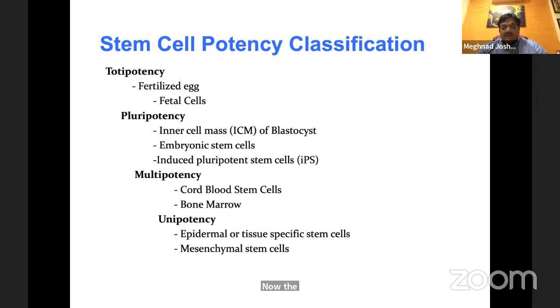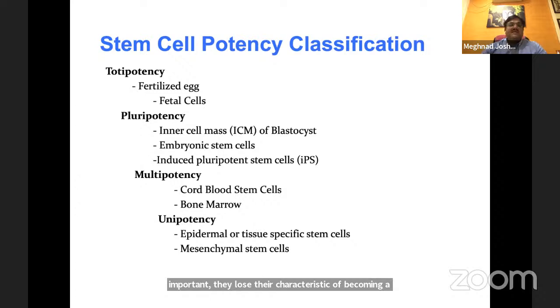When the cells become pluripotent, they lose the characteristic of totipotent cells. Totipotent cells are able to form a complete embryo, but this characteristic is lost during the development process, and pluripotent cells can only differentiate into the 3 germ layers.